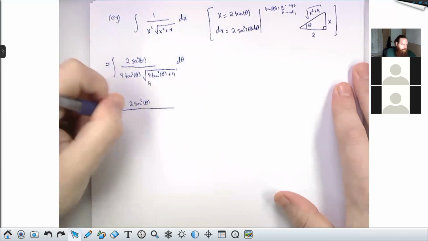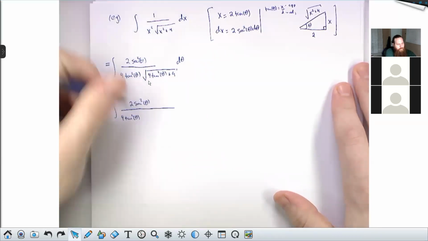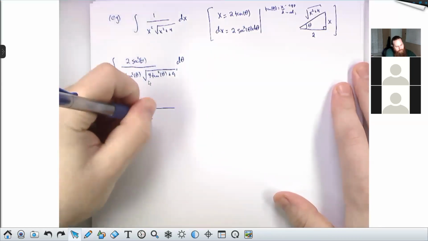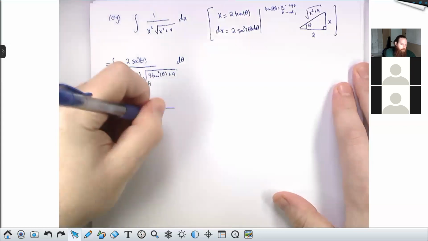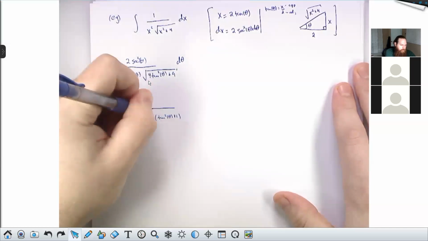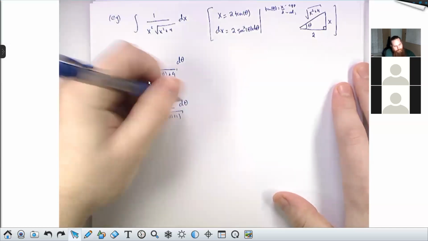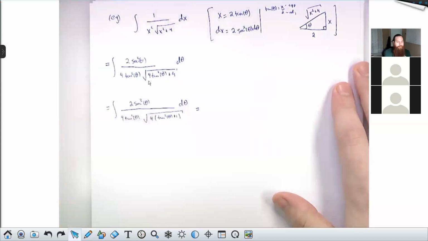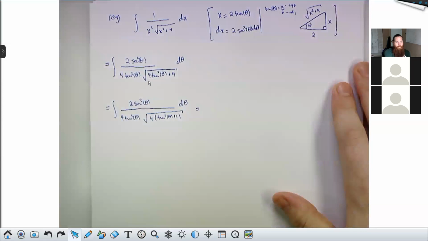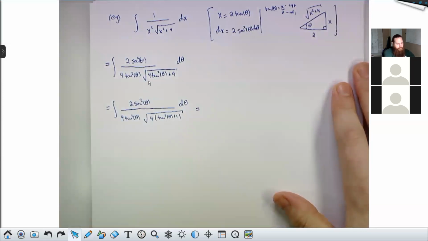Downstairs here, I've got my 4 tan squared theta. And then inside that square root, I'm going to factor a 4, and I'll have tan squared theta plus 1.